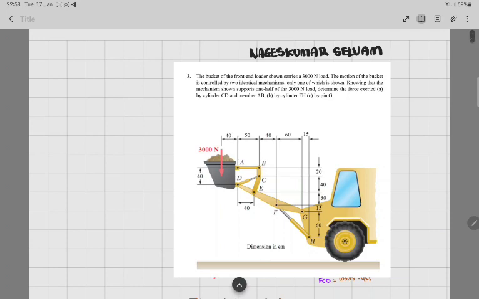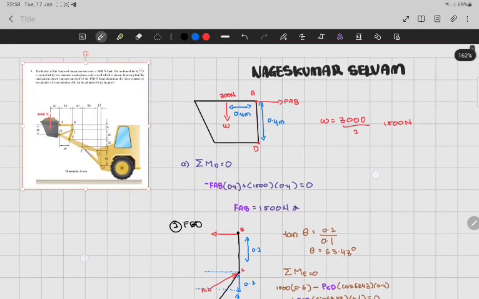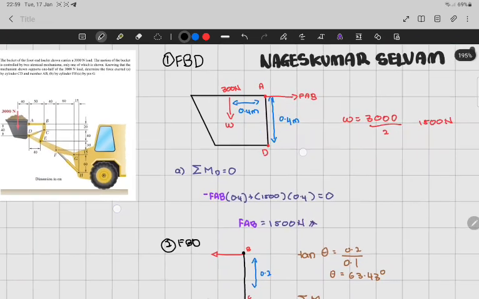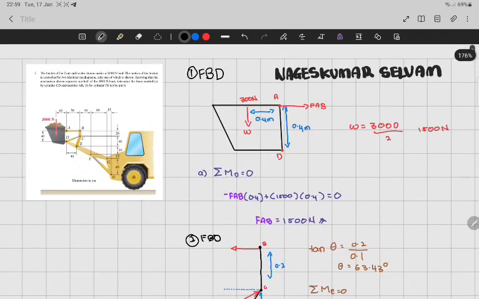So let's do it. Over here, the first free body diagram of ours is the bucket. I've drawn the bucket with the reaction force FA and the dimensions and the weight 300 Newton. Divide by 2, because they already stated over there that it's controlled by two identical mechanisms.